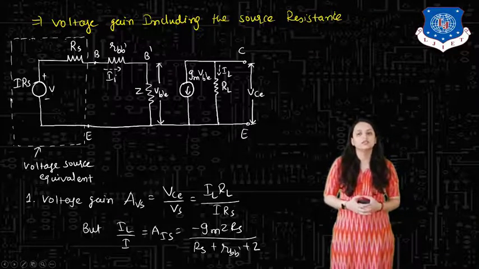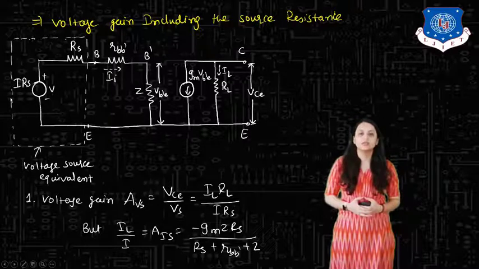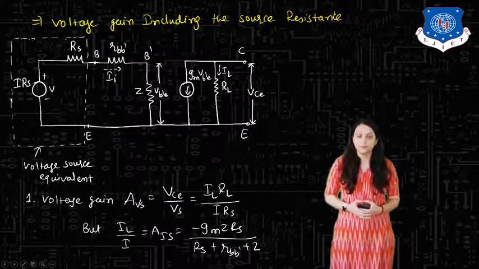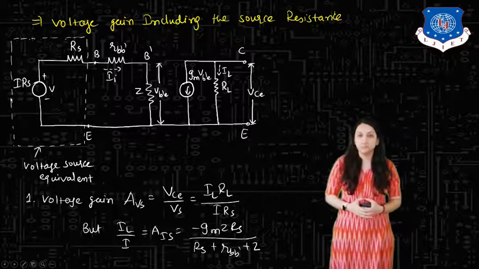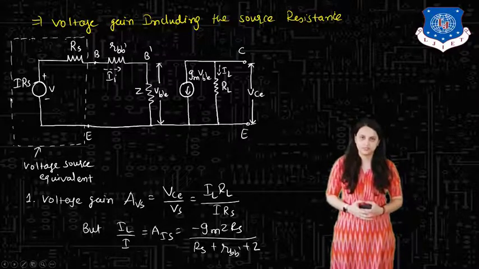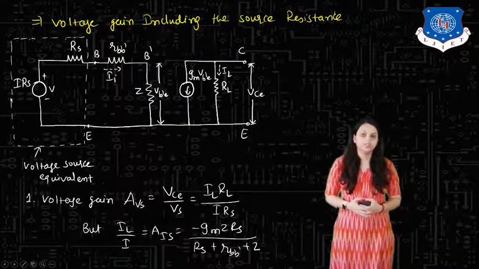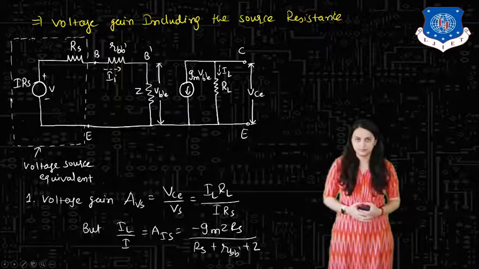First of all, let us find voltage gain. As this is voltage source equivalent, we are denoting it as AVS, that is equal to output voltage by input voltage. So here it is VCE by Vs. That will be equal to IL RL divided by I RS.